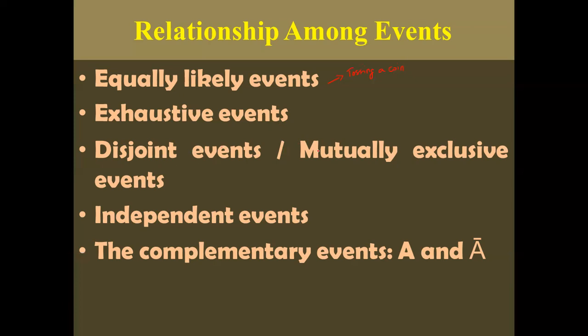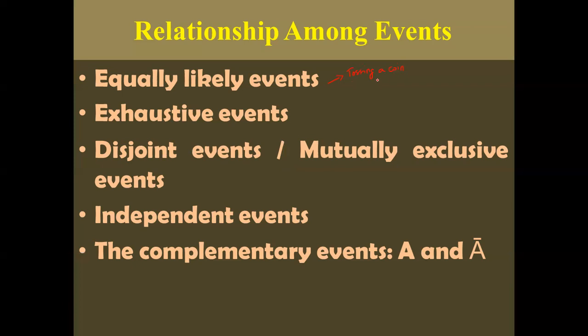Next, what is a disjoint event or mutually exclusive event? The events are called mutually exclusive with respect to an experiment if any two events cannot occur simultaneously. That means there are no common elements between the two corresponding events. That is, the occurrence of one event prevents the occurrence of the other event.